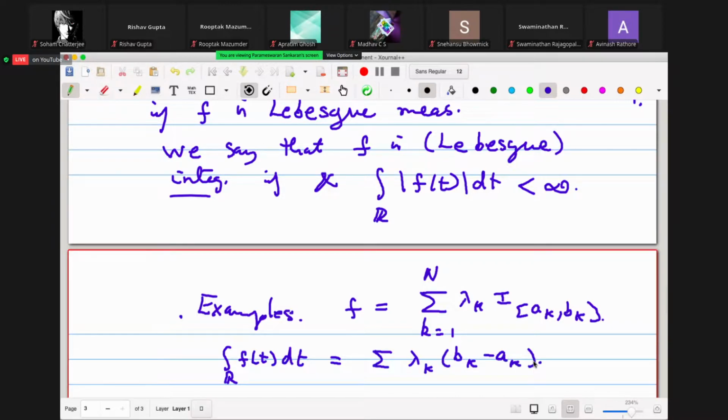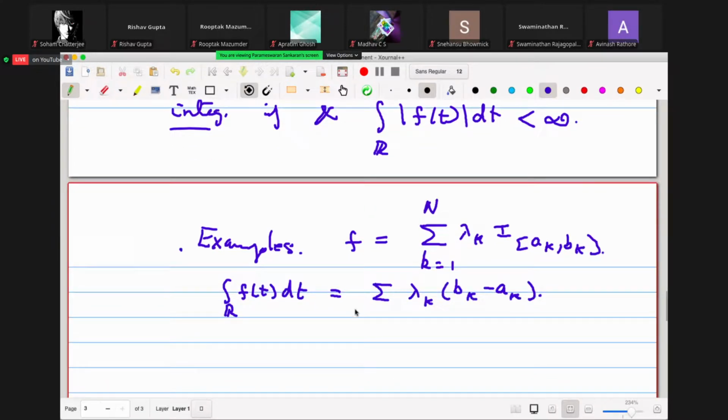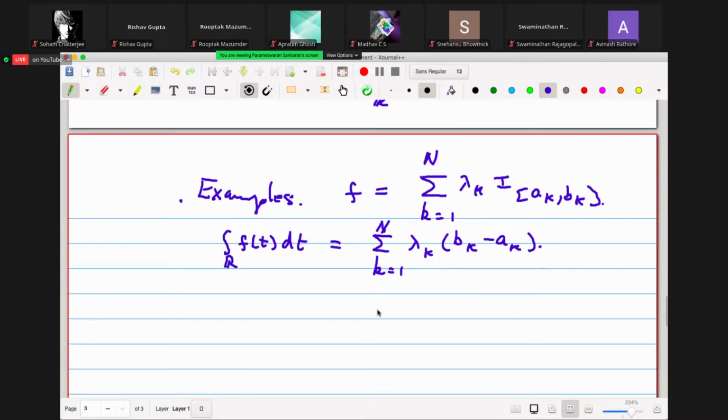That's it. So for step functions, it's exactly as expected. In general, any function which is measurable can be approximated by means of these things, and then you pass to the limit. There are a lot of things to say, and I skip all that.